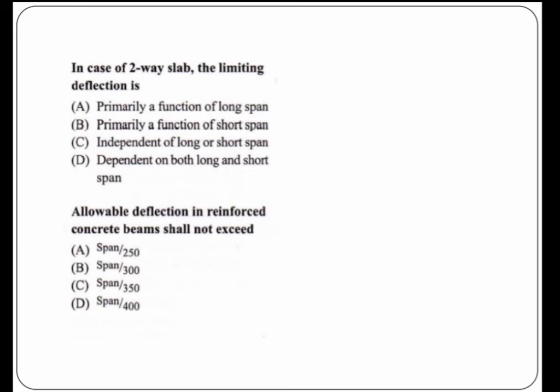And the span by 350 value can be used for the deflection including the effect of temperature, creep and shrinkage occurring after erection of partition and application of finishes. Then the value should not exceed span by 350. So the correct answer here is A and C both. And this is the most important check for limit state of serviceability. Now proceeding to the next question.